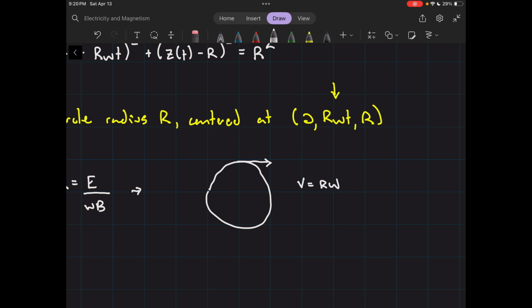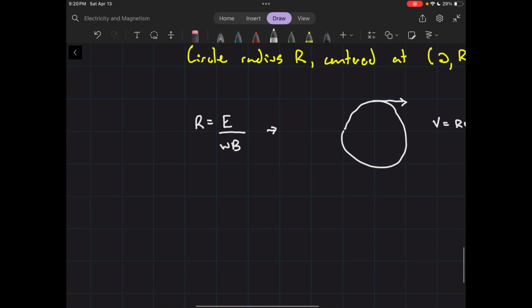We're basically going to do the same thing here. In this case, we'll call it U and say that it is equal to r omega, which is equal to E over B.